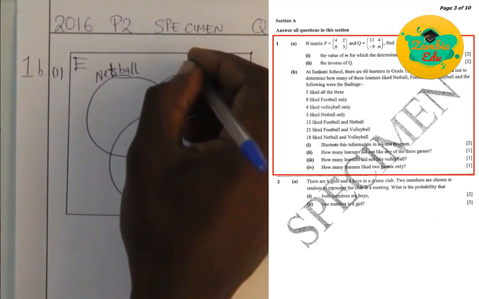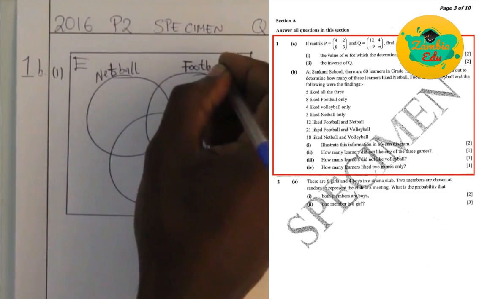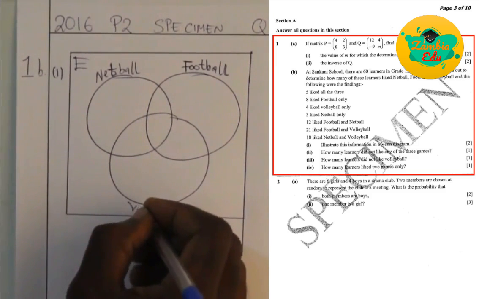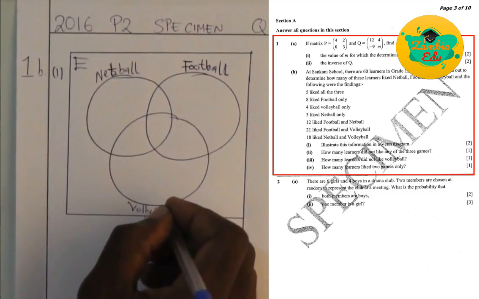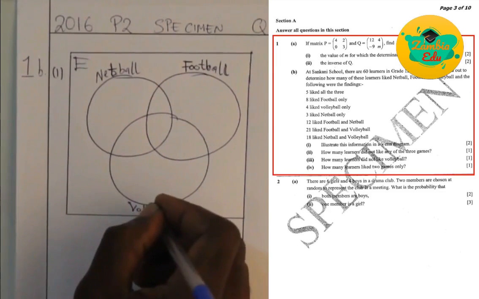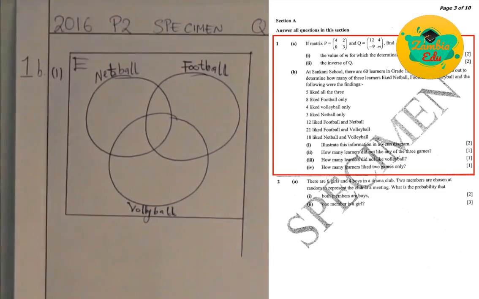So that's football. Okay, and then the third one at the bottom is going to be our volleyball set. So quickly now begin to fill in the information that we have been given. So start from the intersection for all the 3 sets.